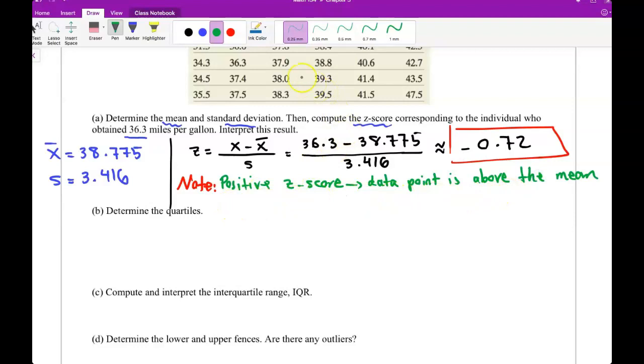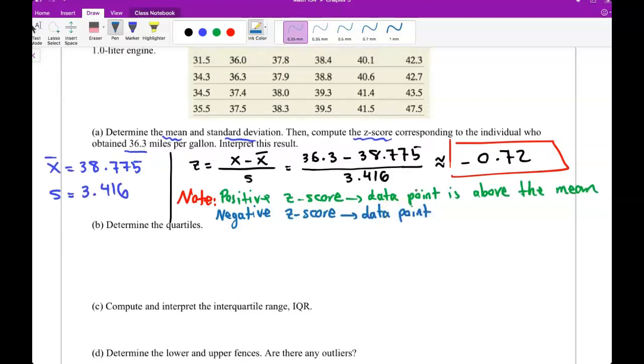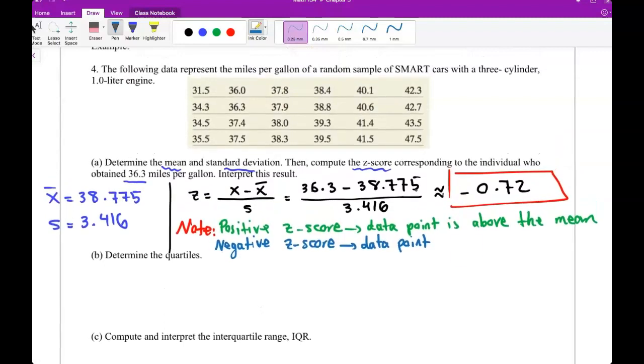But in this case, we have a negative z-score, meaning that our data point is below the mean.